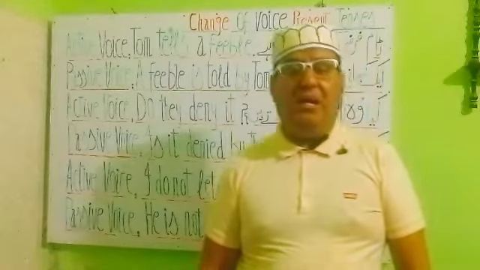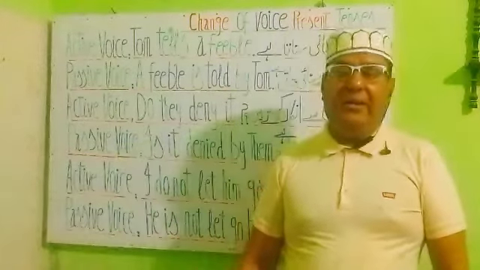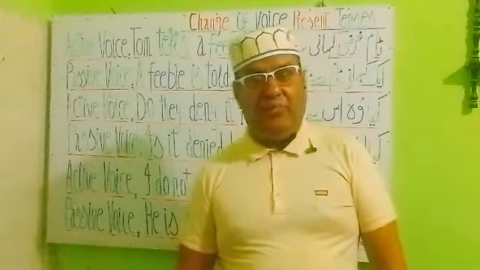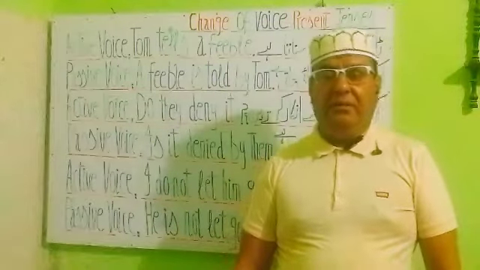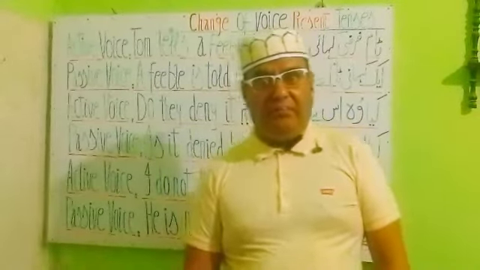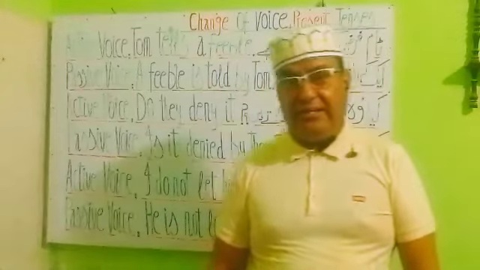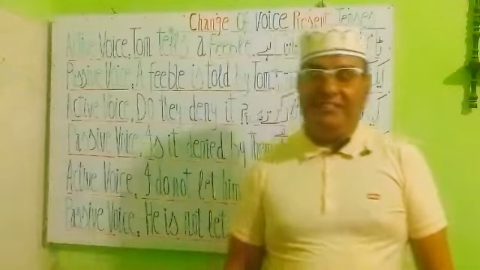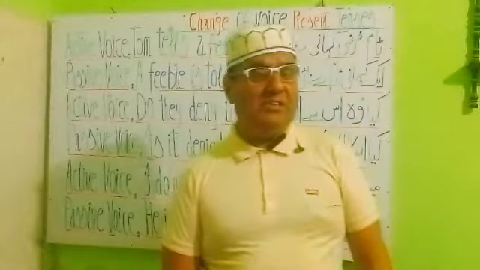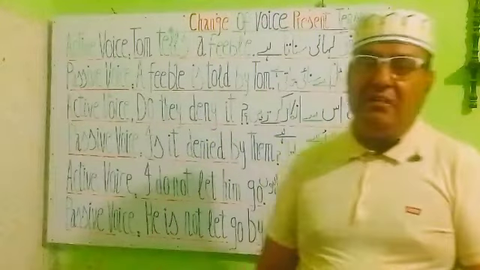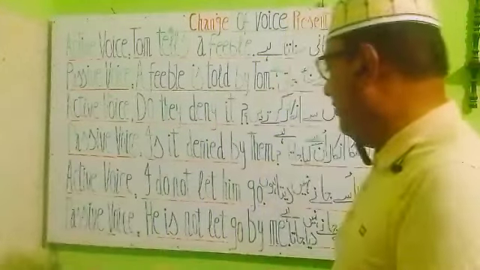As per the rules, I is going to take the place of an object, and him is going to take the place of a subject. So in passive, when we change both these pronouns, we have the new form.